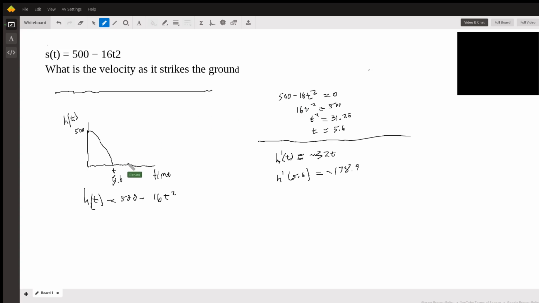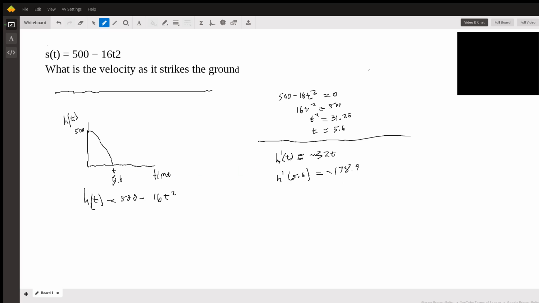I mean, 5.6 seconds from a height of, let's say, 500 feet. No matter what that is, that's going to be moving pretty fast. It's traveling in the negative direction. It's going down when it strikes the ground.